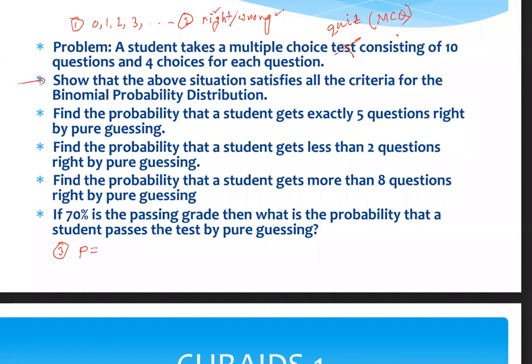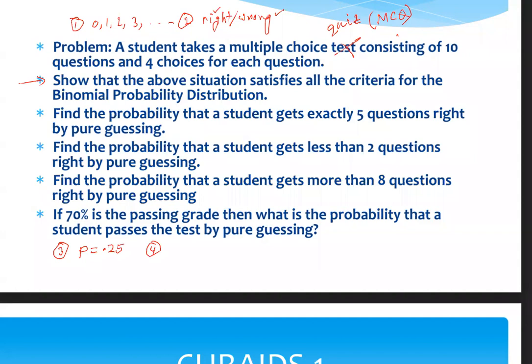Yes, I understand what you're saying, but what is that p-value? You have to apply these characteristics in the context of this particular problem. 25%. Good, thank you.